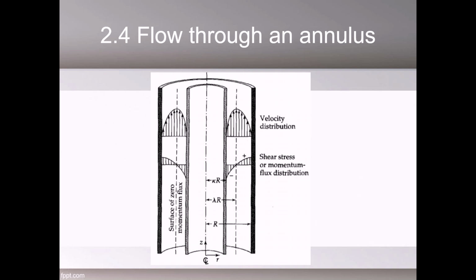My bad. And the mass flow rate should be based on the area here, okay? This 2 pi r dr is also integrated from kappa r to r. You don't integrate from 0 to r, because your domain is kappa r to r. So here you also get a cross-sectional area between kappa r and r.